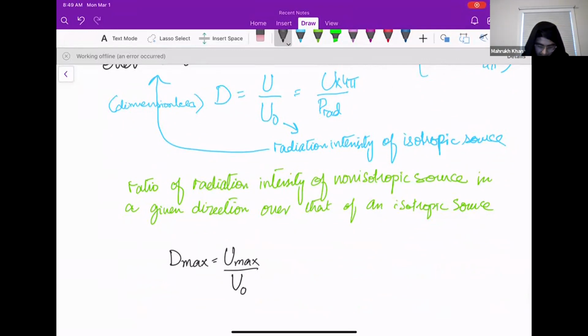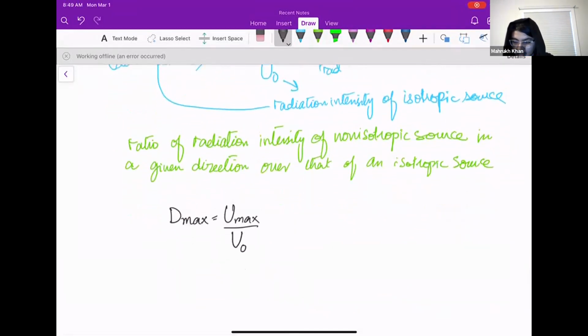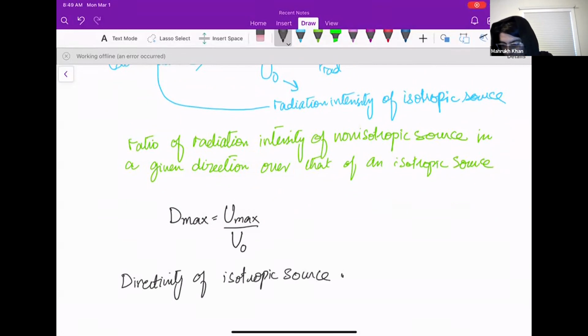Another thing: if we are calculating the directivity of an isotropic source itself, what should it be?